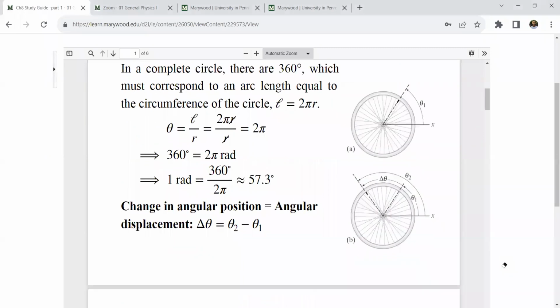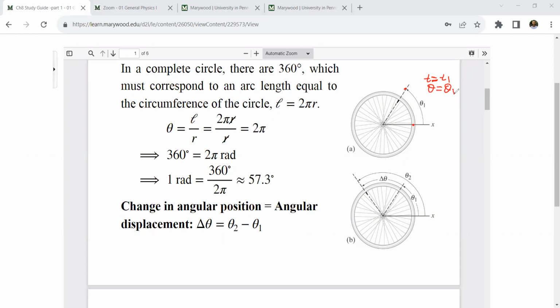All right. So similar to the linear displacement, we can have angular displacement. For example, let's say at time t equal to 0, we have a point P here. At t equal to t1, the object is somewhere here, so the angle is theta 1.